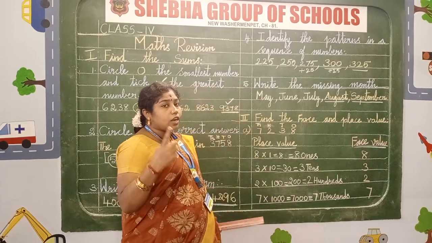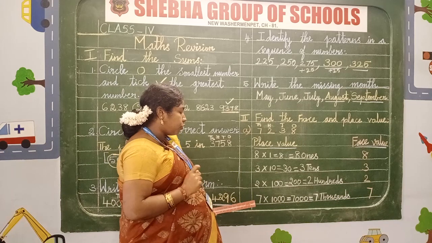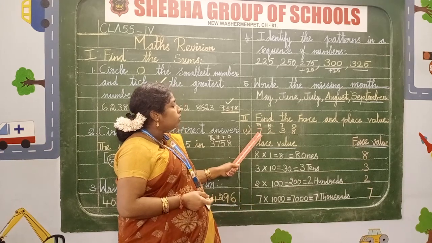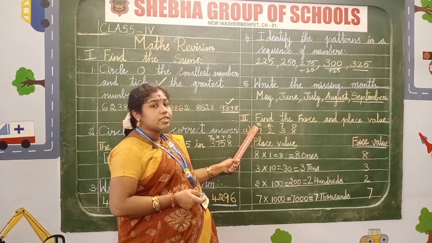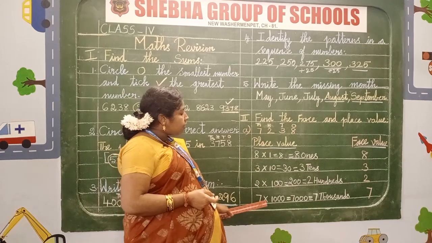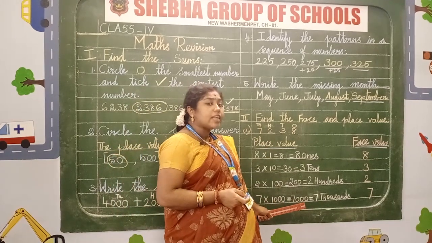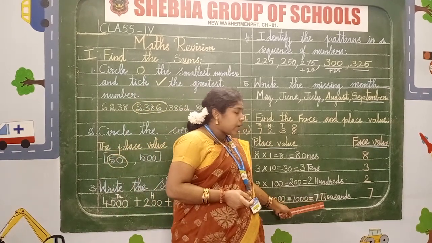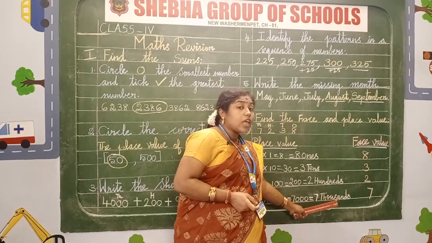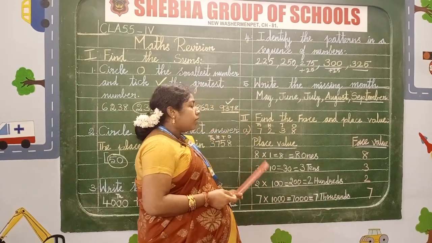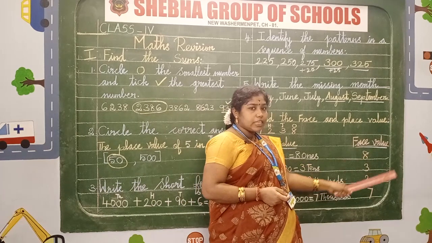When it is more than 1, you have to mention the s. Don't forget it. And the last one, 7: the place value is thousands. So 7 into 1000 we get 7000, and in words we write 7000s.